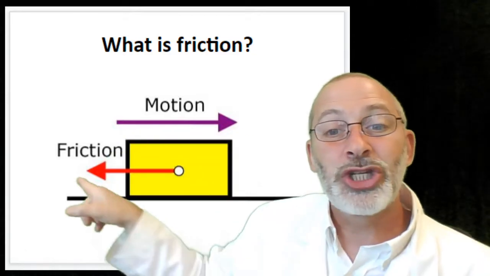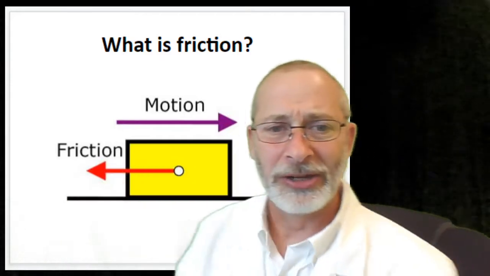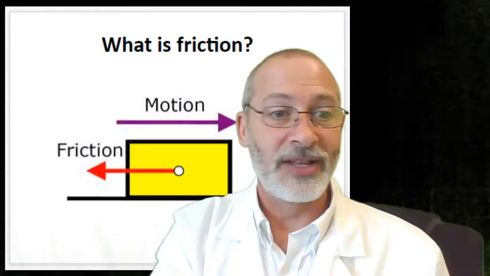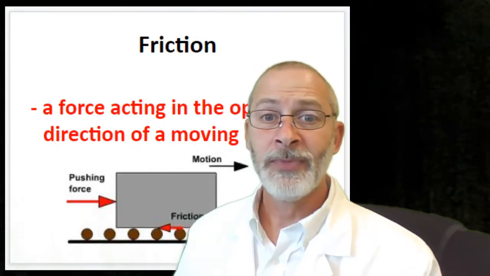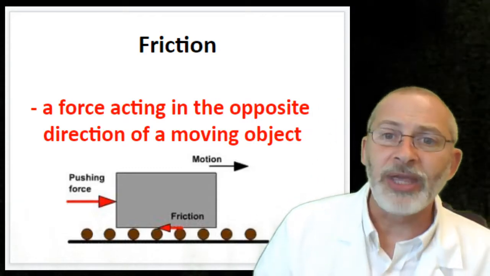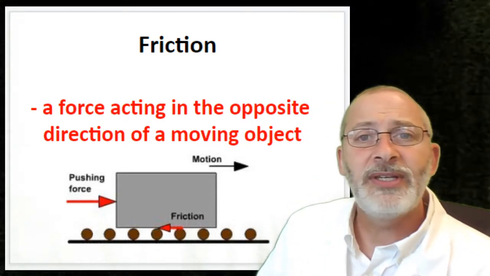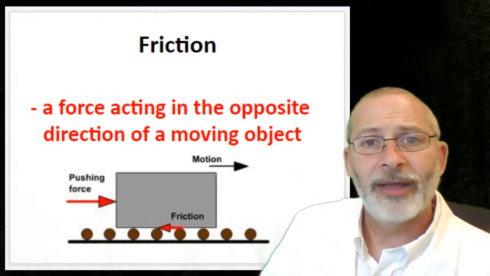You can see friction in the other direction. Let's just go to the next slide, shall we? This slide about friction that you wrote down yesterday regarding friction being a force acting in the opposite direction of a moving object.